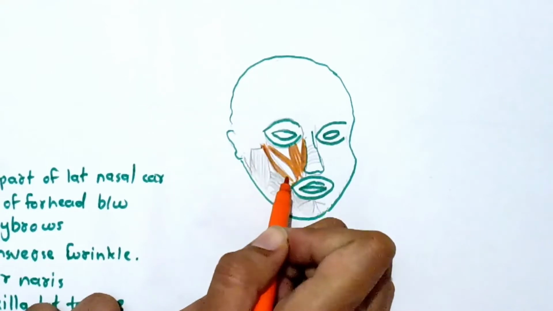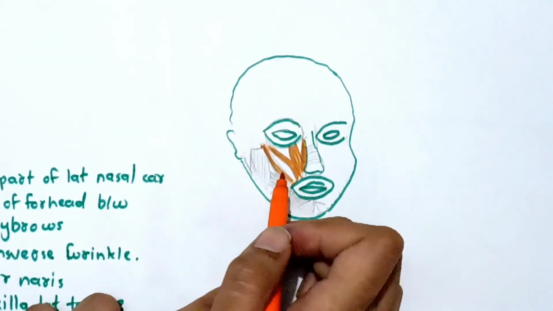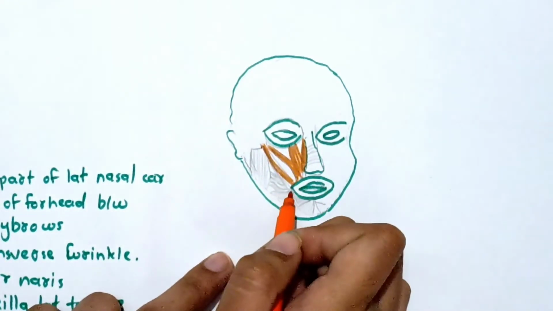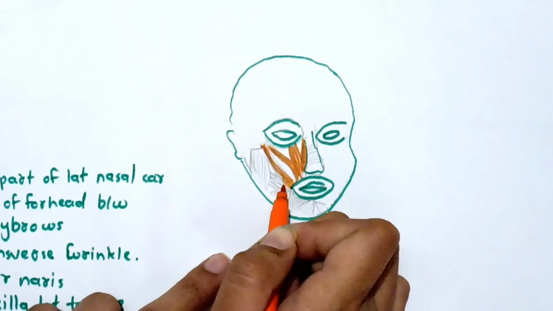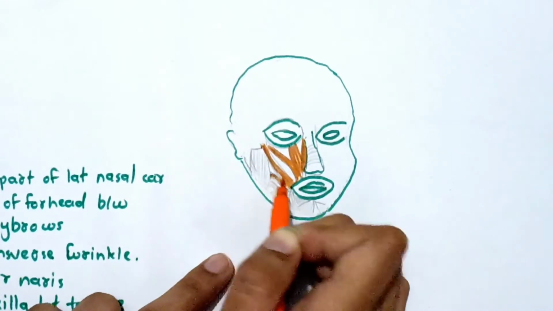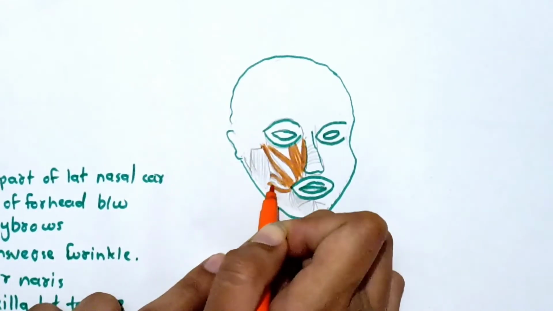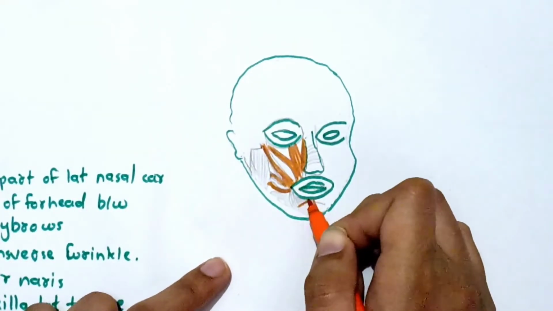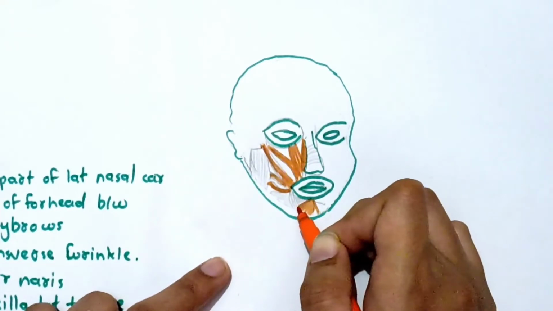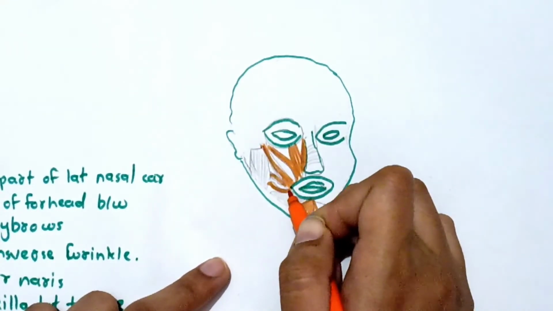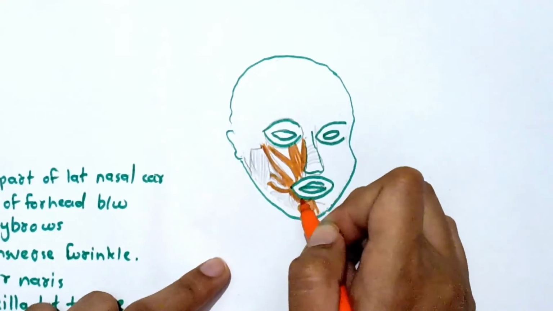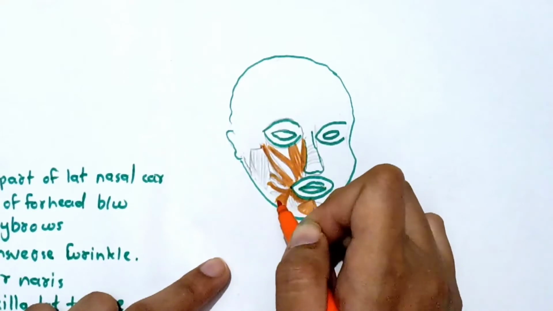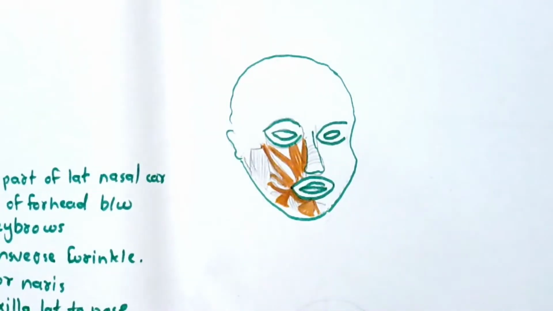This one is zygomaticus major muscle. Then here we have this risorius muscle. In the mid we have the mentalis. This is the depressor labii inferioris. This is depressor anguli oris. So these are all muscles.